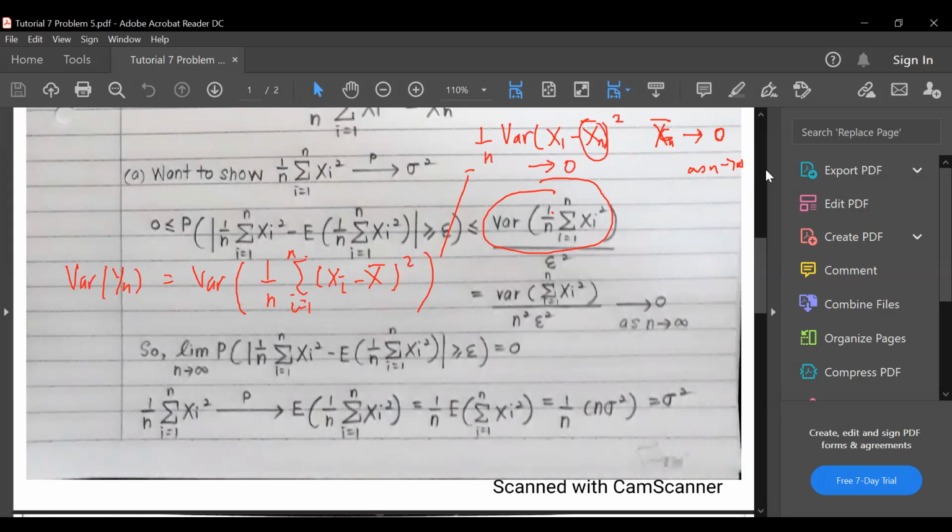So in the limit, your numerator will be the variance of x1 square, right? Then divide by n, so this will tend to, of course, 0. So basically, these two conditions are fulfilled.